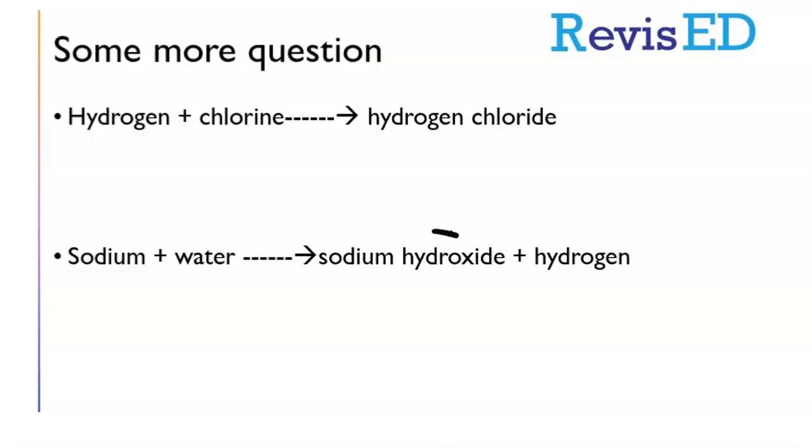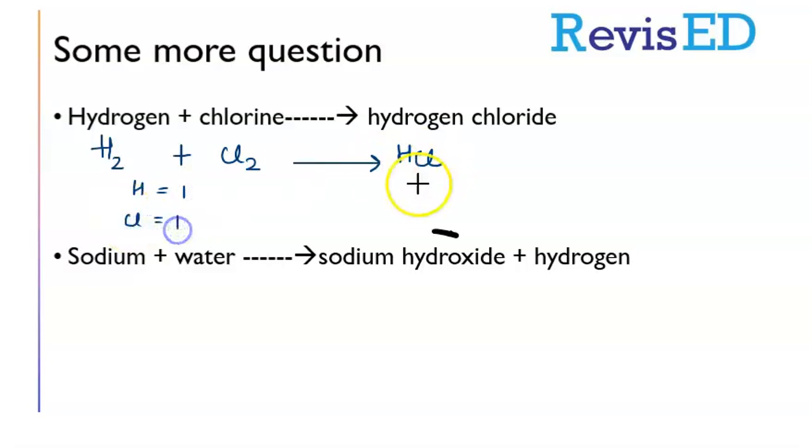Now take some more examples. I have taken another example in words. Hydrogen is written as H2, chlorine is written as Cl2, and hydrogen chloride is HCl. So this is your chemical equation. On the left hand side I am having 2 hydrogens and 2 chlorines, and on the right hand side I am having 1 hydrogen and 1 chlorine.